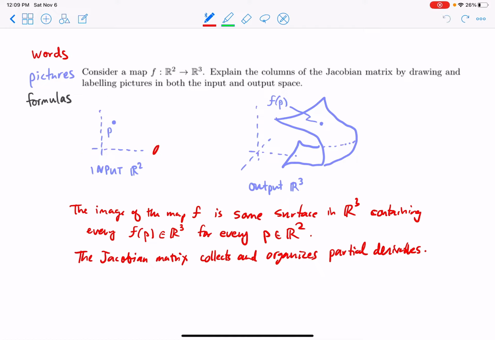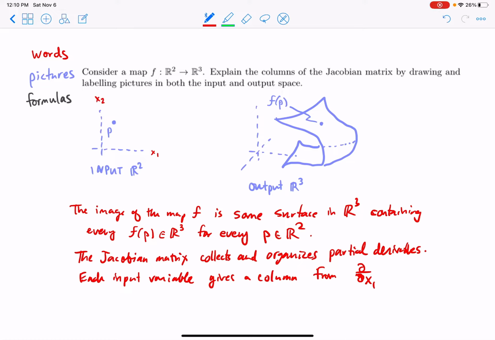But whatever variables they are, each input variable gives a column from the partial with respect to that input variable. Let's say we call this x1 and x2.